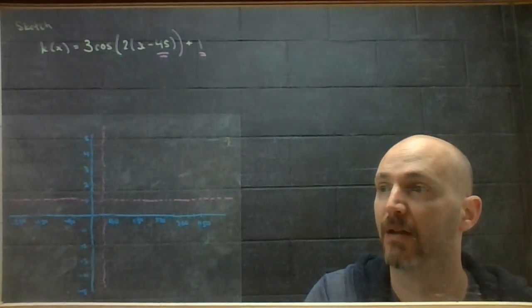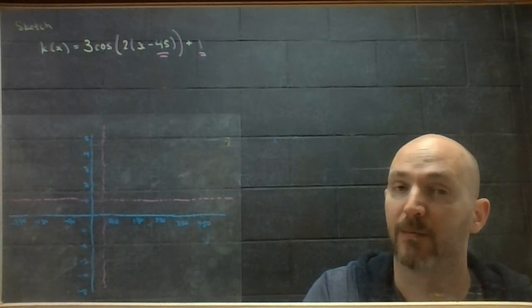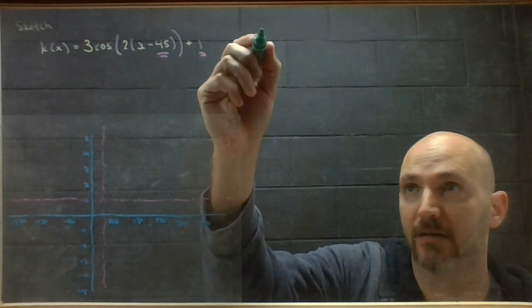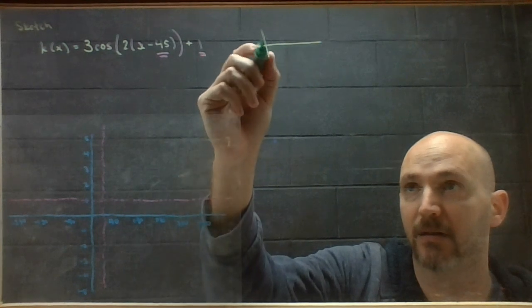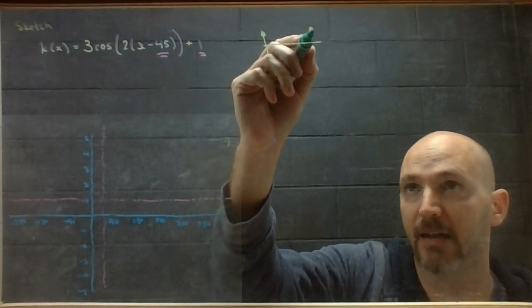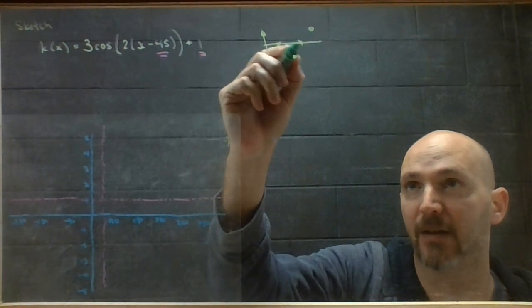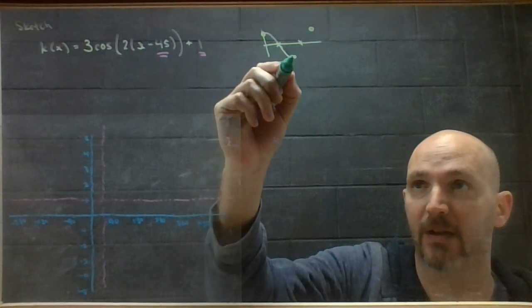All right. Now from there, you need a sort of doodle, a rough idea of what the shape looks like. So the cosine pattern starts high, ends high, troughs in the center, and then zeroes out dead center between those two things. So it's kind of like this.